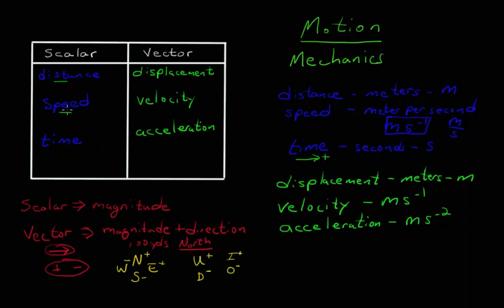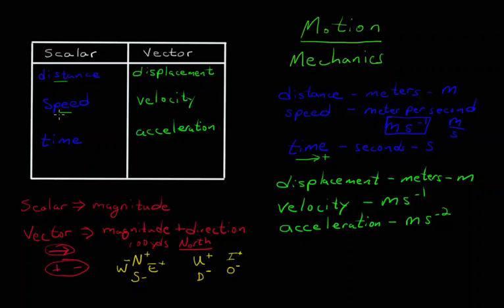We don't have a scalar for acceleration because when you think about acceleration, two phrases come to mind: speeding up and slowing down. Just by saying speeding up and slowing down, you're giving direction to that. And so you're not talking about a scalar, you're talking about a vector.